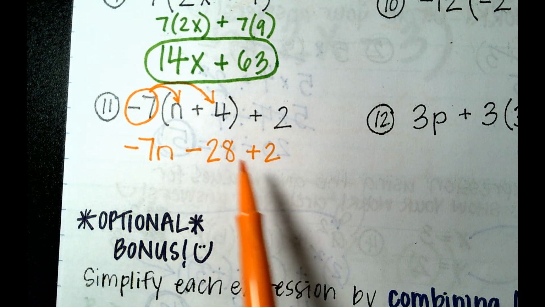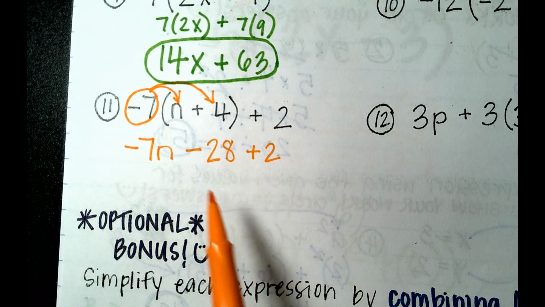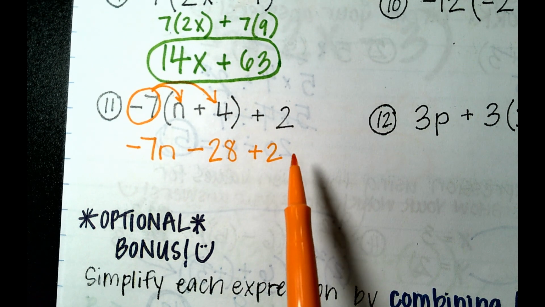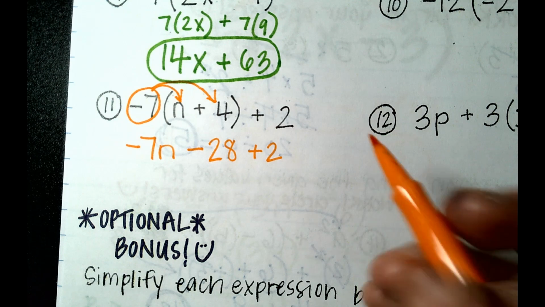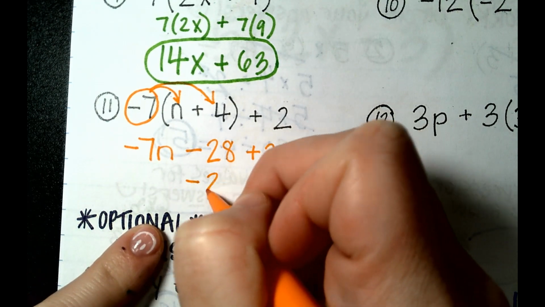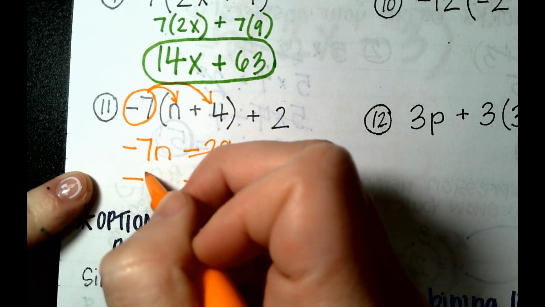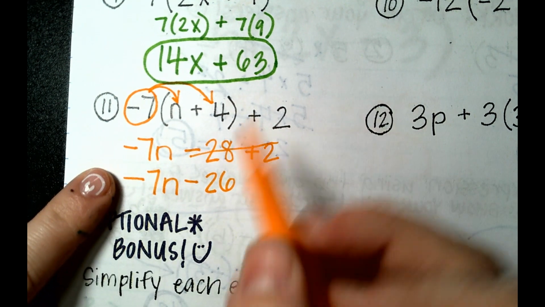If I do 28 plus 2, that's going to give me 30, and that won't be correct. Really, we want to think of this like negative 28 plus 2. So what is that going to give us? Negative 26. Okay, so negative 7n minus 26. That would be our answer.